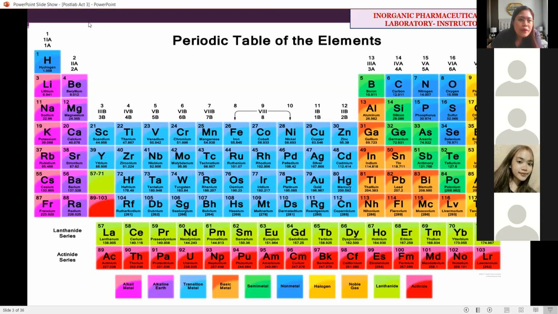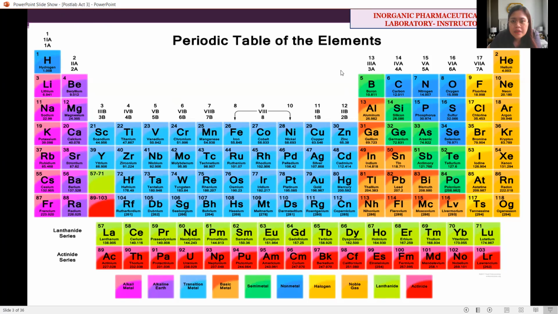Okay, so how do we group the elements here? Take note, class, that the blue ones in the center are our transition metals. That one is a sky blue, right? I hope you can see the colors. And then we have a dark blue: hydrogen, carbon, nitrogen, oxygen, phosphorus, sulfur, and selenium.